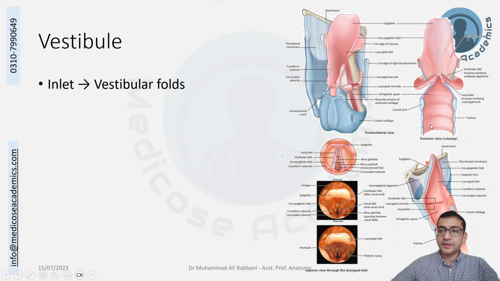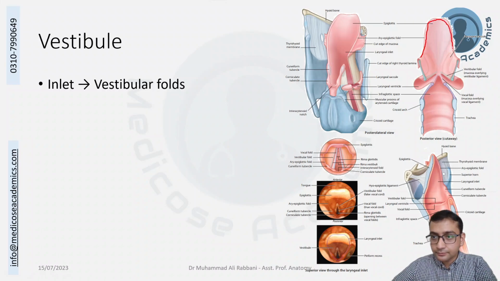The cavity has further been divided into three parts. The part that starts from the laryngeal inlet and ends at the false vocal cord is known as the vestibule. It lies between the laryngeal inlet and the false vocal cord, and includes this shaded area.